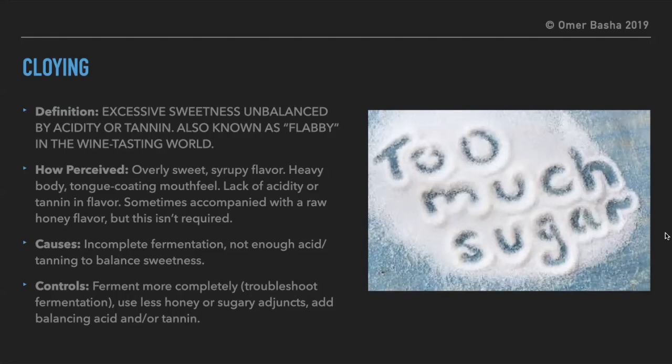The causes are incomplete fermentation, not enough acid or tannins to balance the sweetness. And to control, we need to ferment more completely, so troubleshoot fermentation problems, use less honey or sugary agents, and add balancing acid and or tannin. This is for when you have a cloying sensation.